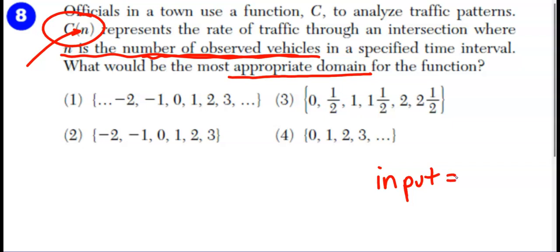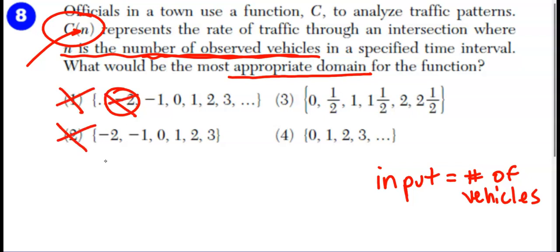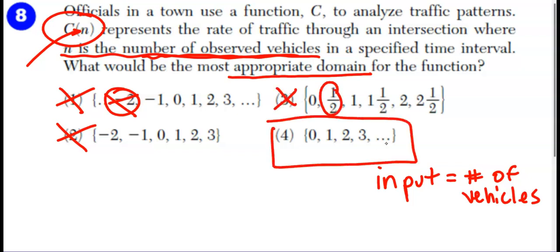The input is the number of vehicles. So we have to think about what would make sense as a possible value for the number of vehicles. Could you have -2 vehicles? No. So that means 1 and 2 are out. Can you have half a vehicle? Also no. So that means that number 4, or all of the set of whole numbers, would be appropriate.